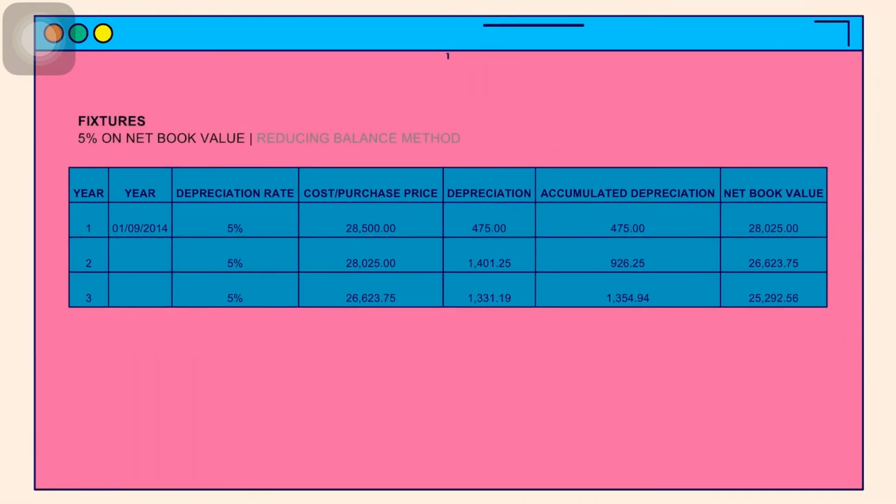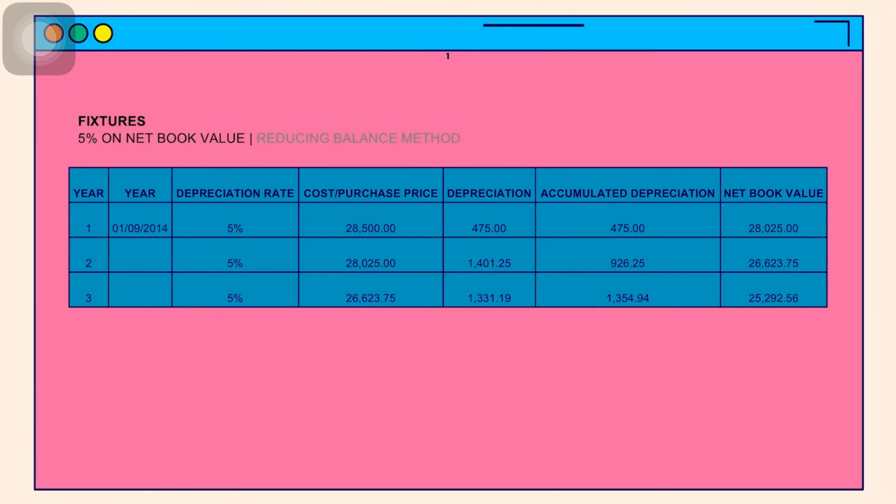Next, for the fixtures, the depreciation rate given is 5% on net book value, so we use the reducing balance method. The date of purchase for fixtures is 1st September 2014.